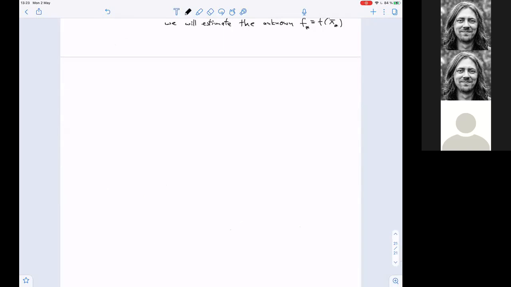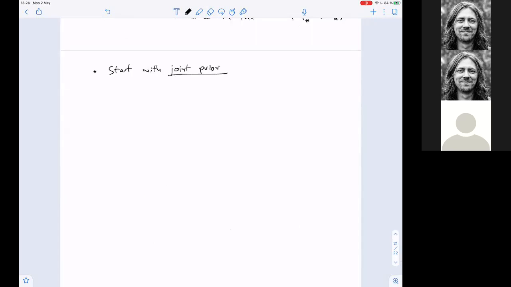And our starting point is to formulate the joint prior for all, let's call them, relevant f values.